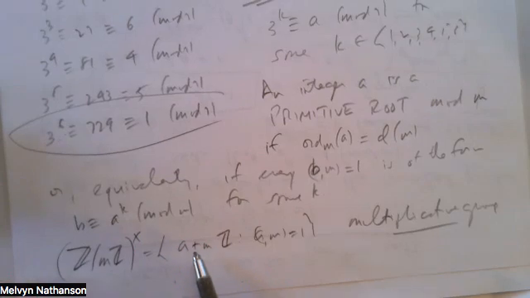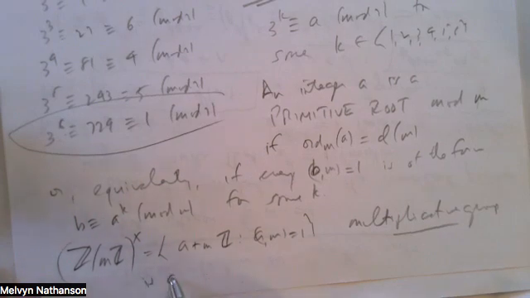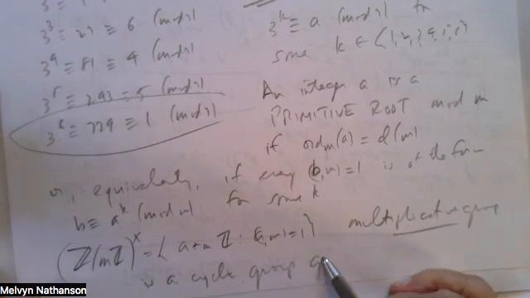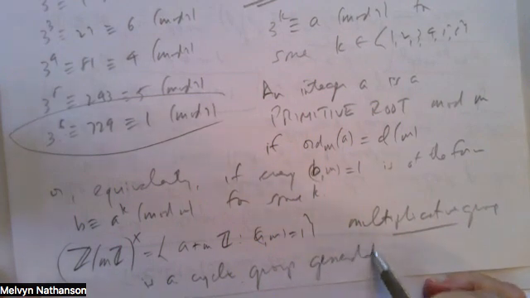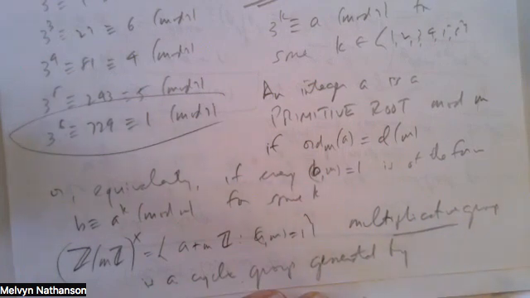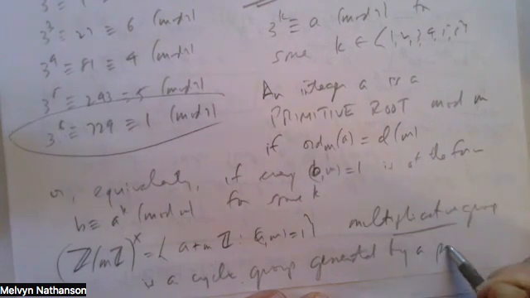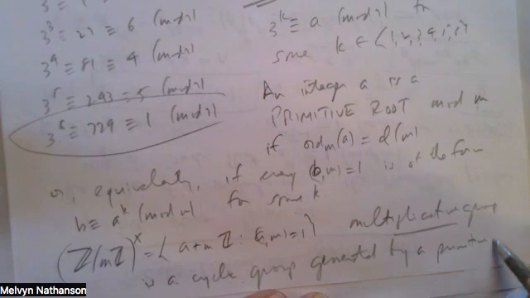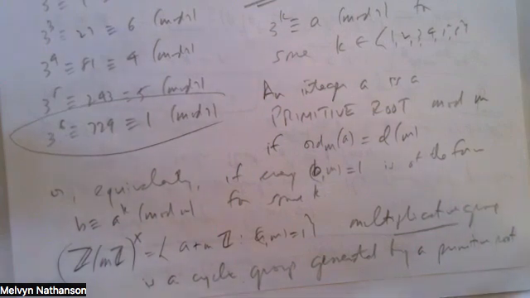You multiply any two elements that are relatively prime to M, and you get another element that's relatively prime to M. This is a cyclic group generated by a primitive root, if a primitive root exists.